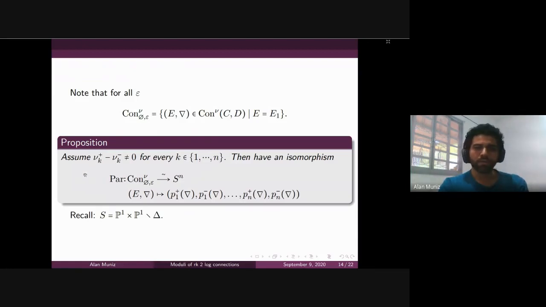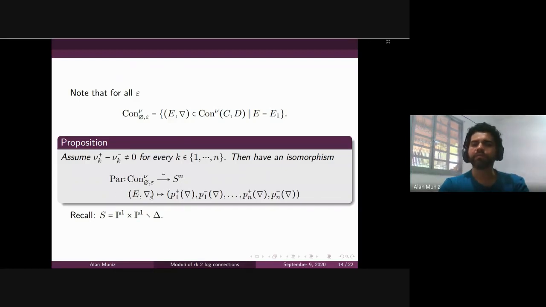So if we assume that the difference of the eigenvalues in each pole is not 0, we can prove that this map is an isomorphism.